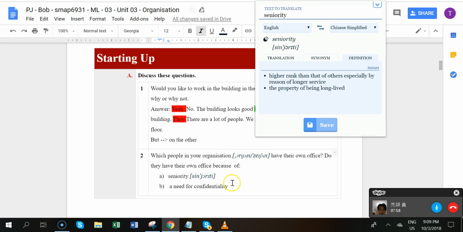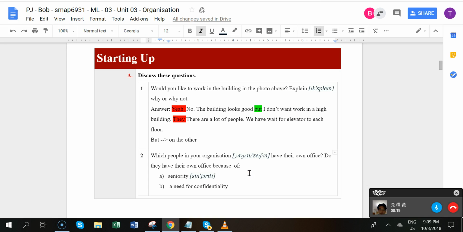I have no idea about it. Okay, for example, a higher rank in the organization, for example, the manager or the executive director, they are the seniority. While you are the junior officer or junior staff, so they are the senior staff. Okay? I understand it. I will just write it here. The higher ranks in the company.